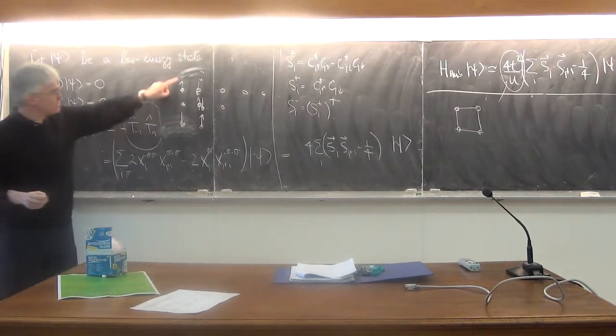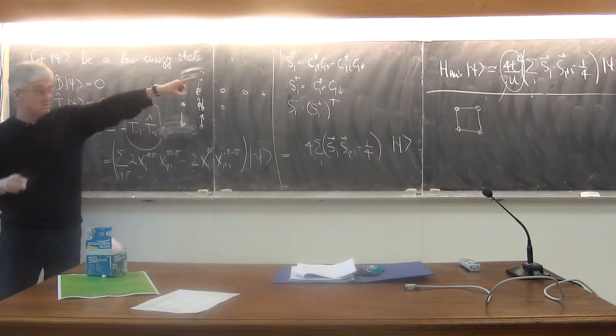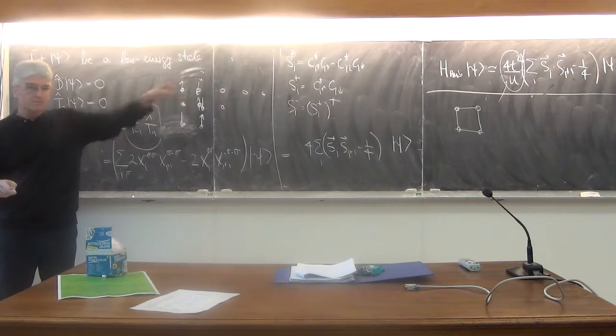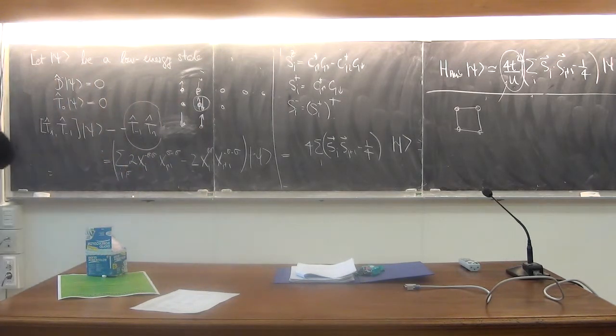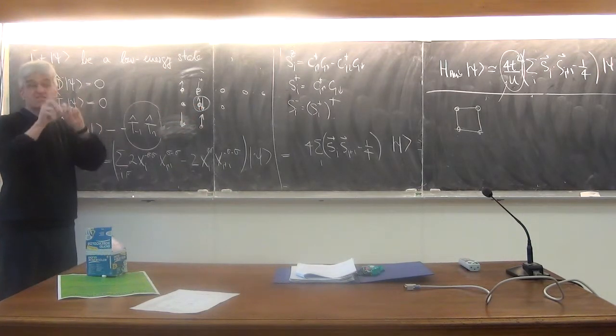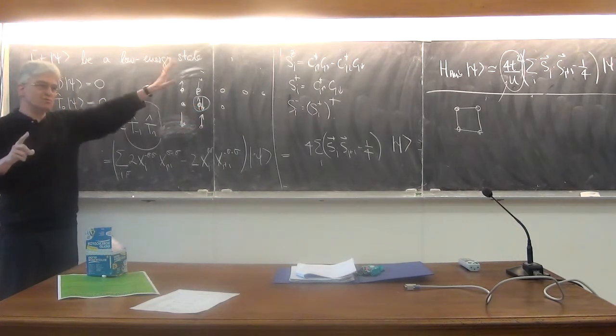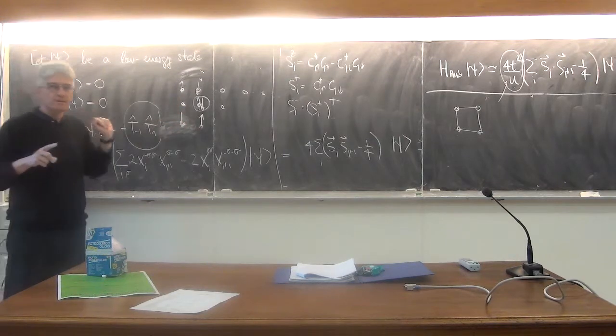So you end up with a final state where the spins have exchanged. But you see, virtually, for this short period of time, they were both at the same place, so they feel each other's statistics. And that's why bosons and fermions give an opposite sign. So this is the physical picture.